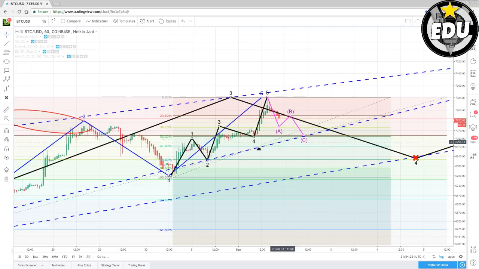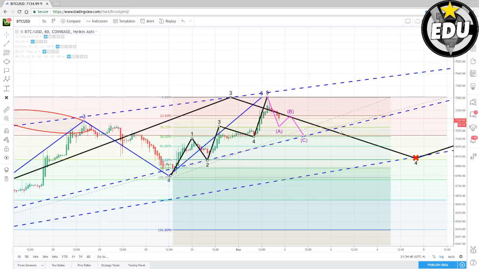ABC that touches here where the downtrend is. This is pretty good, but I wanna have a better look and see what kind of Elliott wave I can figure out in this pattern.